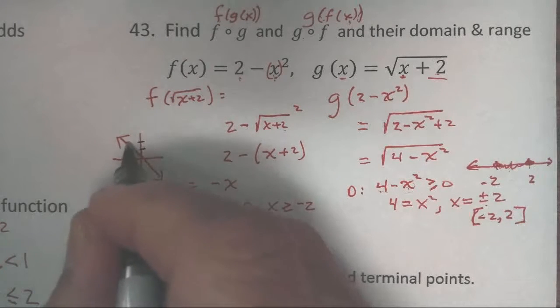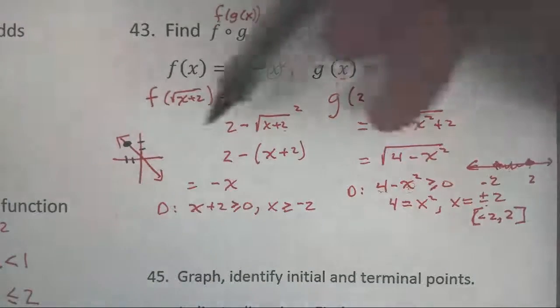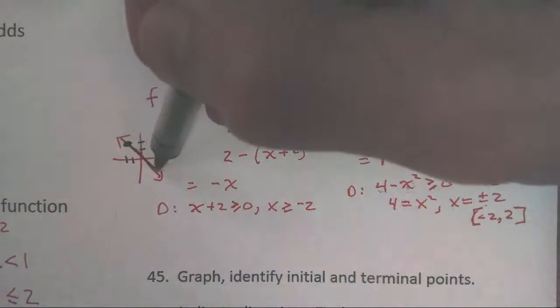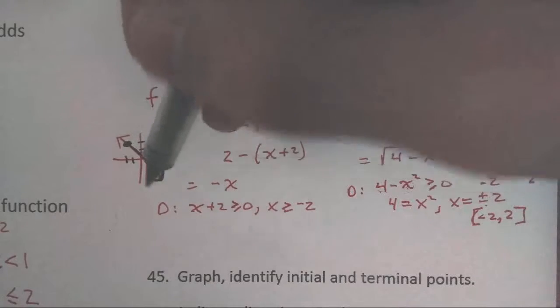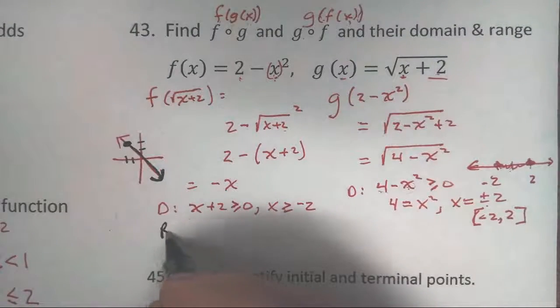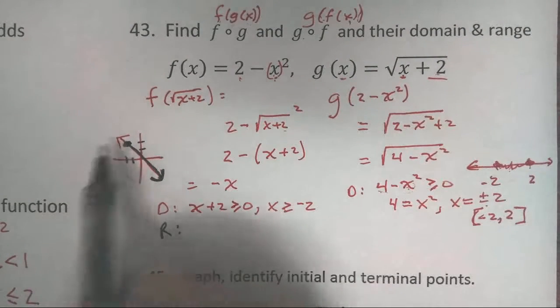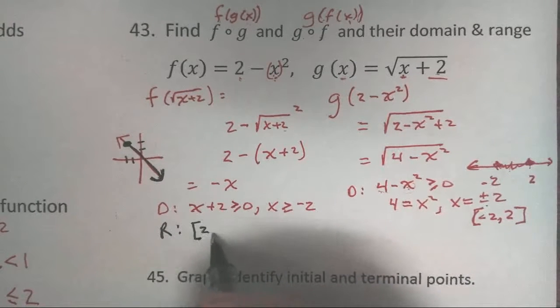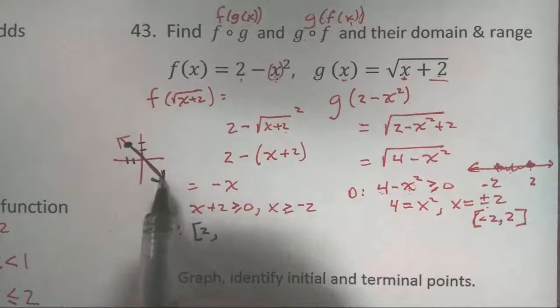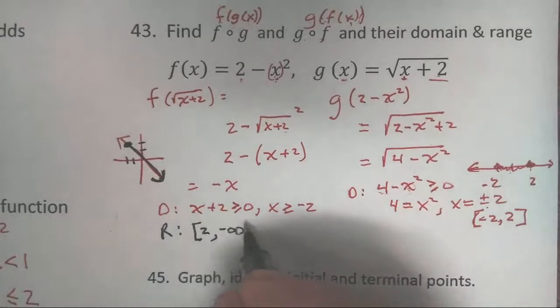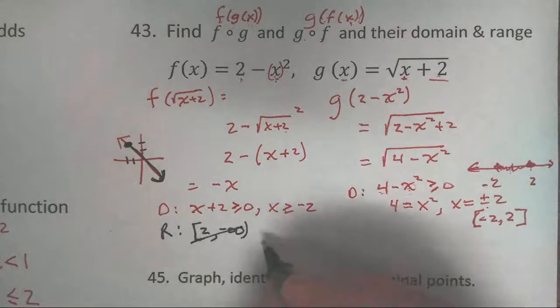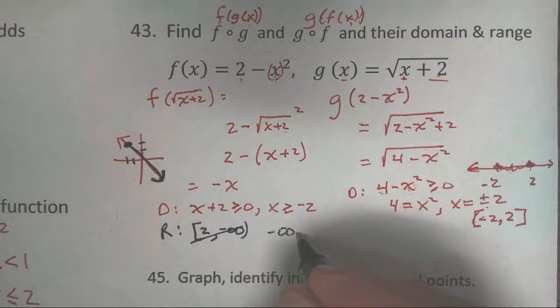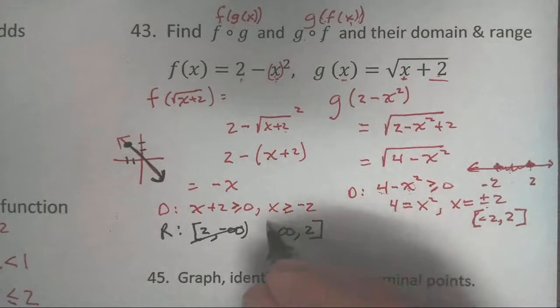And to the right of negative 2 would be right here. Therefore, my range, the highest it ever gets is 2. And it can go down to negative infinity. Of course, that's a terrible way to write this. It should be negative infinity up to 2, including.